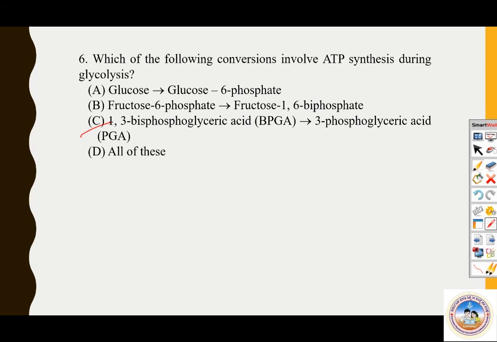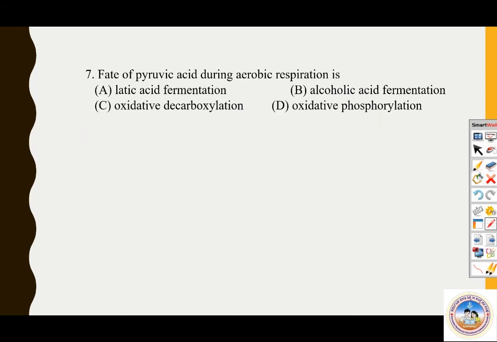Fate of pyruvic acid during your aerobic respiration. If your pyruvate is undergoing aerobic respiration, what is the fate of it? Am I clear to you? Will it form lactic acid fermentation? No, because it is anaerobic. Alcoholic fermentation is also anaerobic.